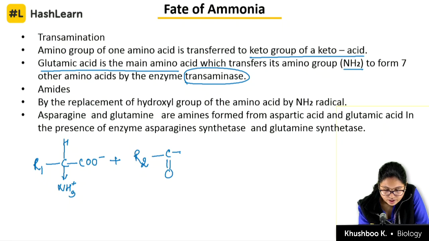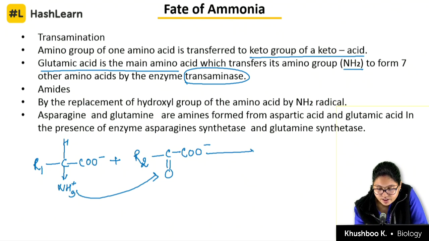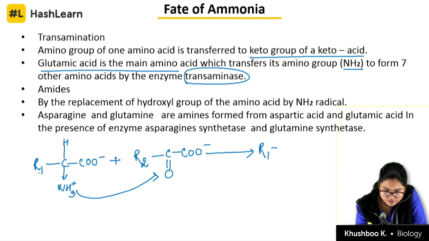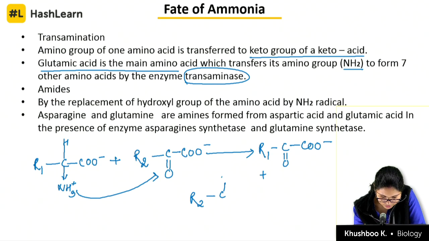In this process this amino group will be transferred here and the keto will be transferred to the first one, the amino donor, and this process requires the enzyme transaminase. As a result, on the R1 you will get the keto group, plus the other amino acid will be formed. This is the R2.